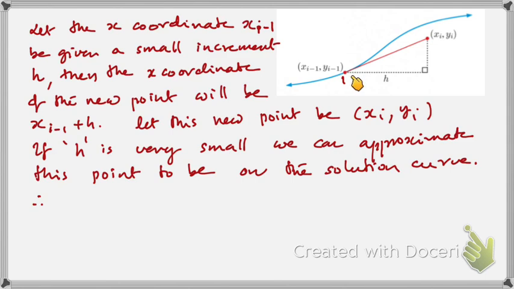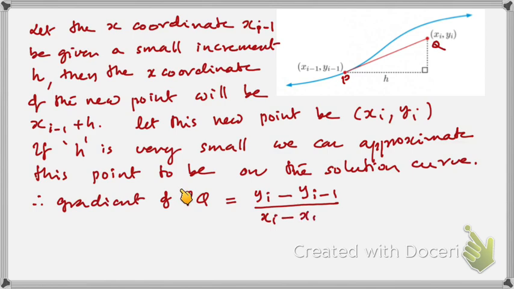So I'm trying to get a point which is very close to the given point, but will still lie on the given curve, or approximately lie on the given solution curve, not the solution curve of the given differential equation.